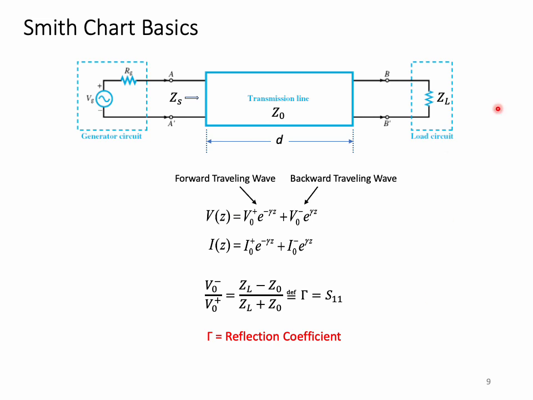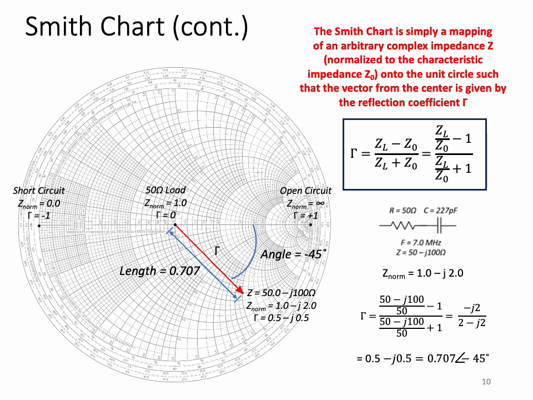What Smith did was to graphically map the two-dimensional Cartesian complex plane, x plus jy, into the unit circle using the transformation gamma is equal to ZL minus Z0 divided by ZL plus Z0. If the load impedance ZL has a real component which is greater than or equal to 0, then the value for gamma would lie somewhere within this unit circle.